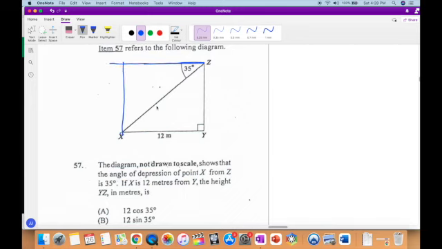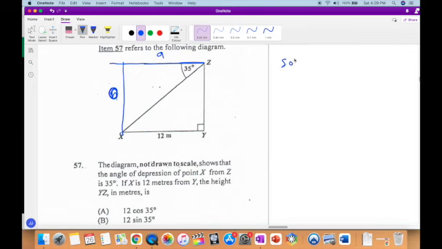If X is 12 meters, the height of YZ, this height here would be the same as the height of YZ. So this side here, right? This is the hypotenuse. This will be the opposite, this will be the adjacent.